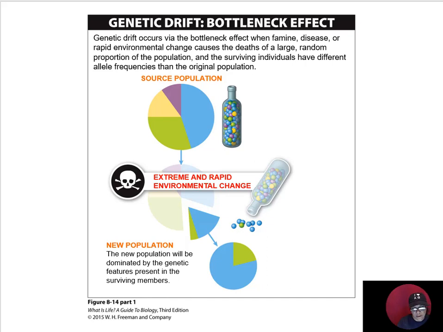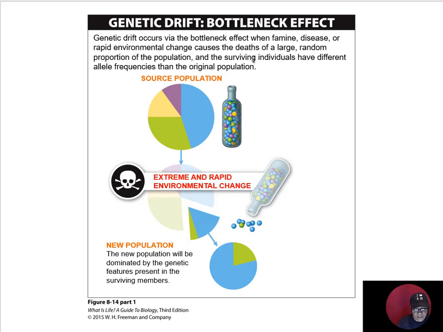But we also have something called the bottleneck effect. And so what is that? This is when genetic drift occurs via this effect due to things such as famine, disease, or rapid environmental change that causes the death of a large random proportion of the population.